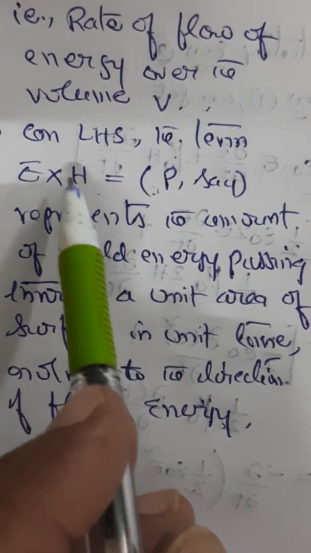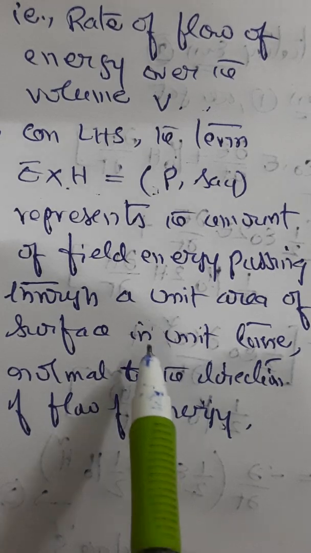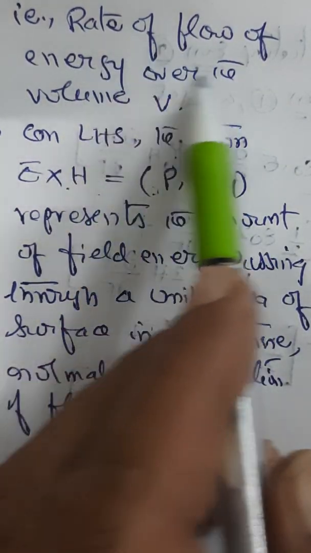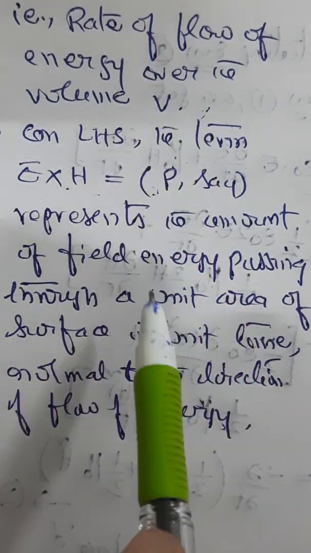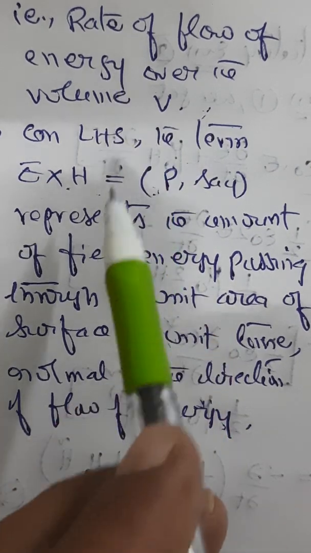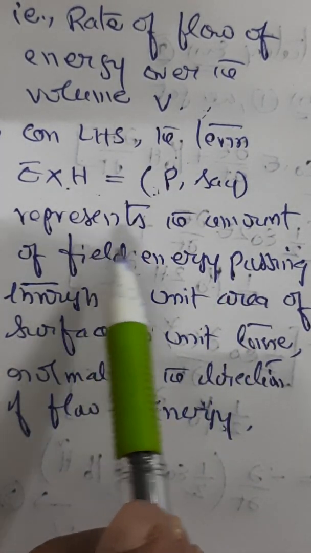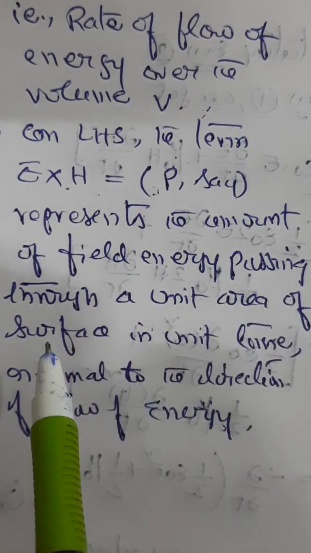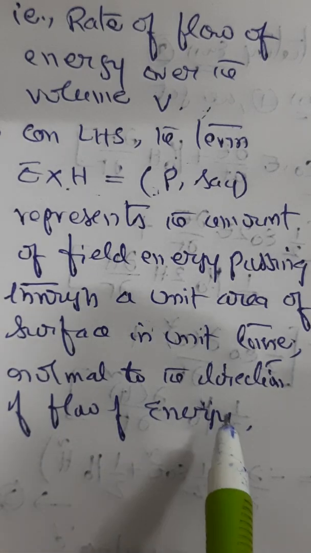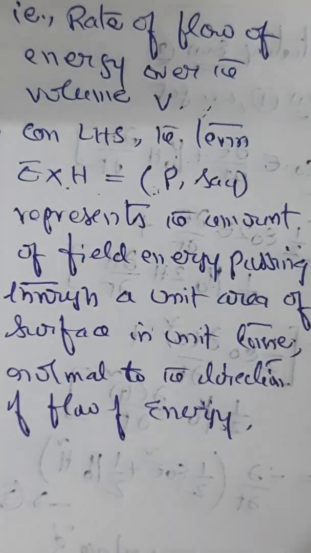So left hand side you have the amount of field energy passing through the unit area of surface in unit time, whereas right hand side you have the rate of flow of energy over the volume. Therefore, when you are equating these two, you can make a statement saying that the amount of field energy passing through a unit area of surface in unit time, acting normal to the direction of flow of energy, is equal to the rate of flow of energy over the volume.